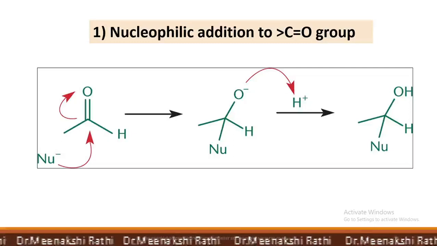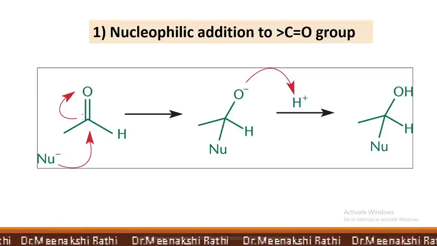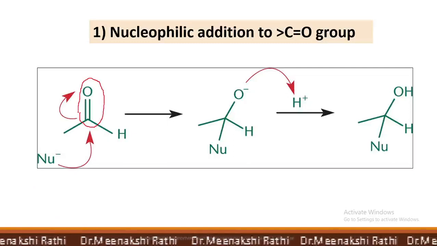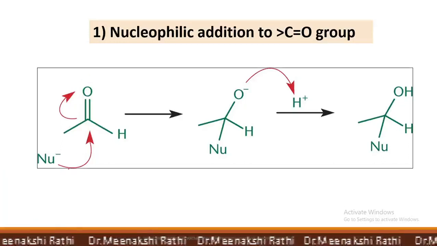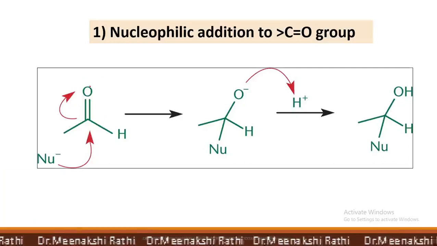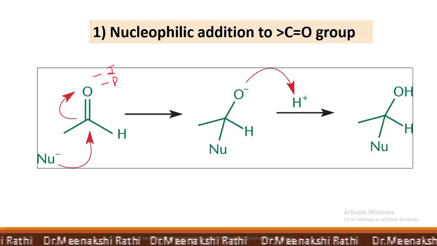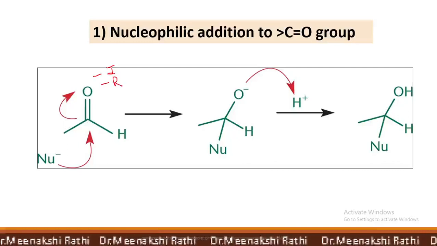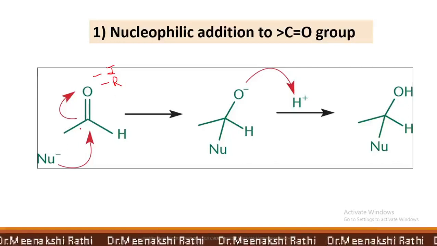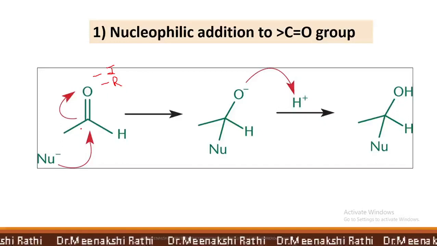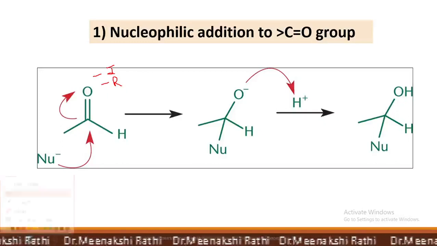Now see here, the carbonyl group of aldehyde and ketones is polarized due to the minus I effect as well as minus R effect of carbonyl oxygen atom, and due to this the carbonyl group becomes polar and carbon carries partial positive charge.